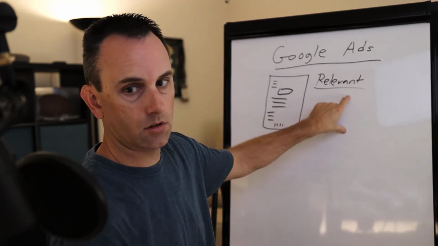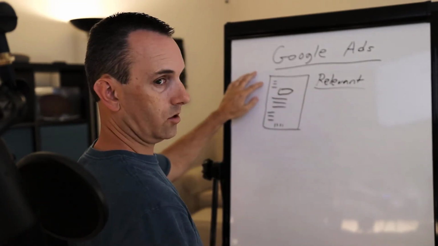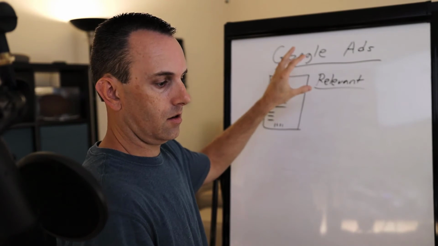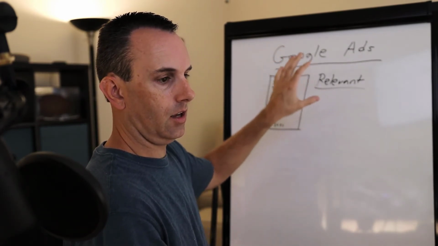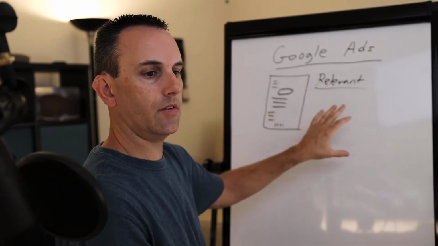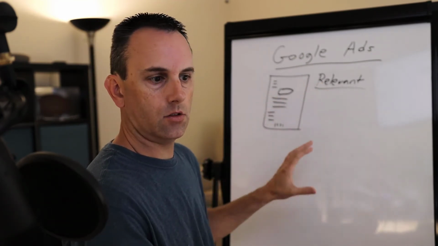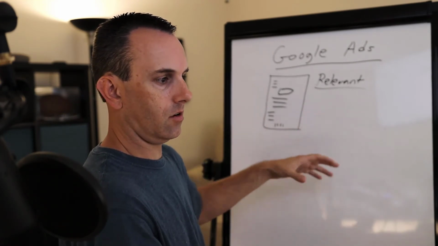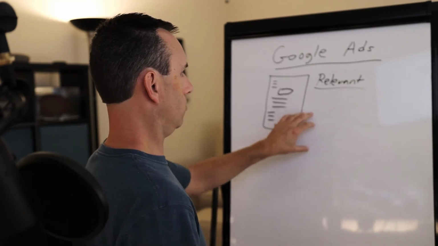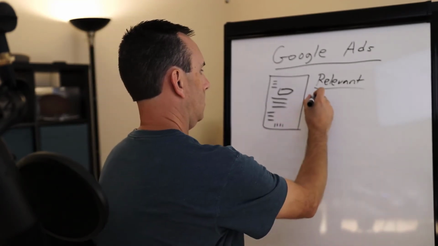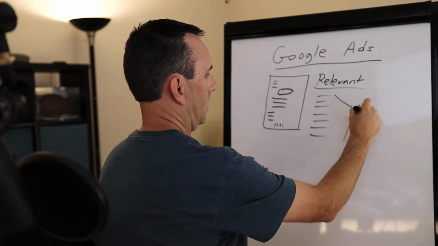Being relevant. Being relevant means that the keywords you're bidding on, the ad you placed out there on Google, and even the landing page, wherever you're sending your traffic to, are all very relevant. All the keywords are related to each other. You have some people that will take an ad on Google and just throw in a bunch of keywords, and it all goes to one ad, right?